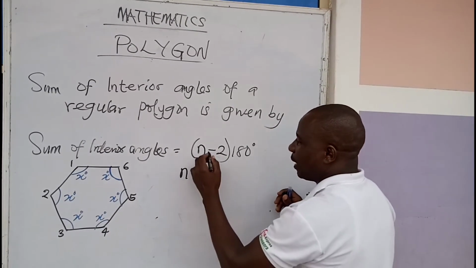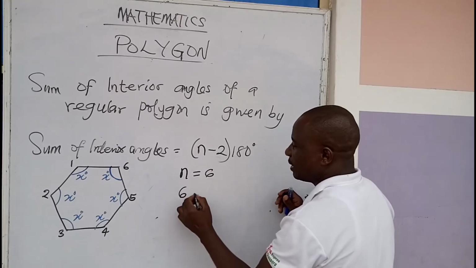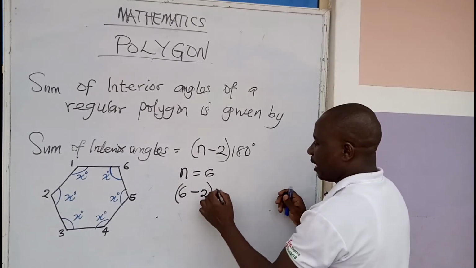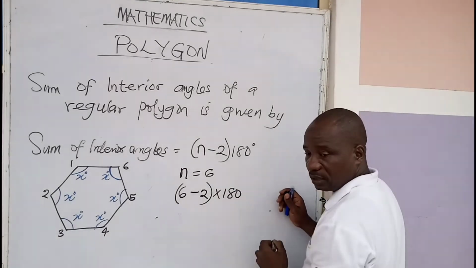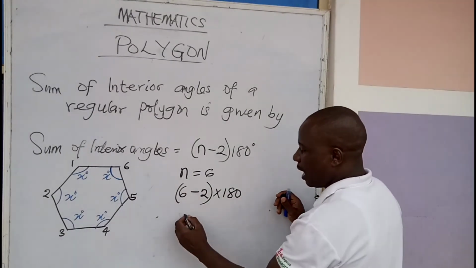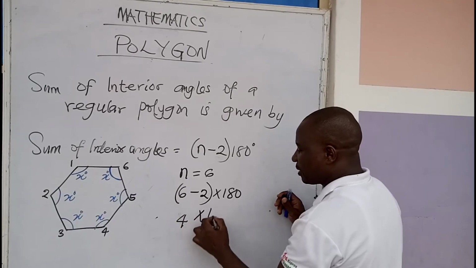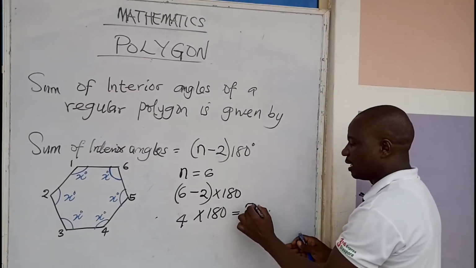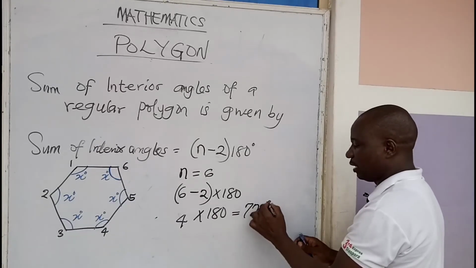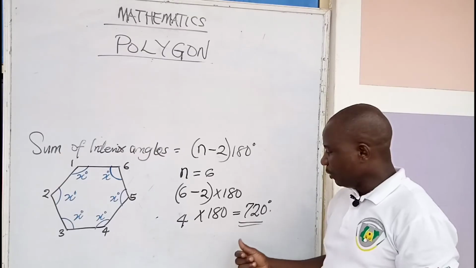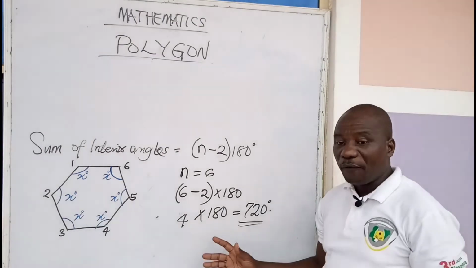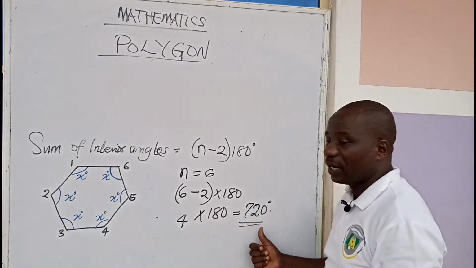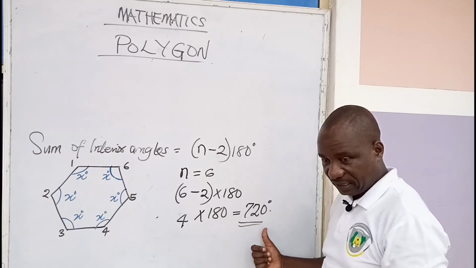We have 6 minus 2, open and close the bracket, times 180. When you subtract this, you have 4. 4 times 180, which is 720 degrees. Now you can see the sum total of the interior angles of a hexagon is 720 degrees.